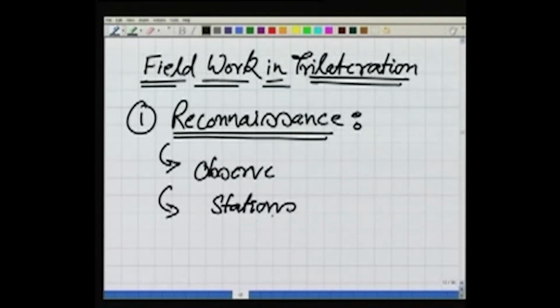In establishing these, if your triangles are very large and intervisibility is a problem, then again you would like to go for some kind of towers, so that you can measure the distances.